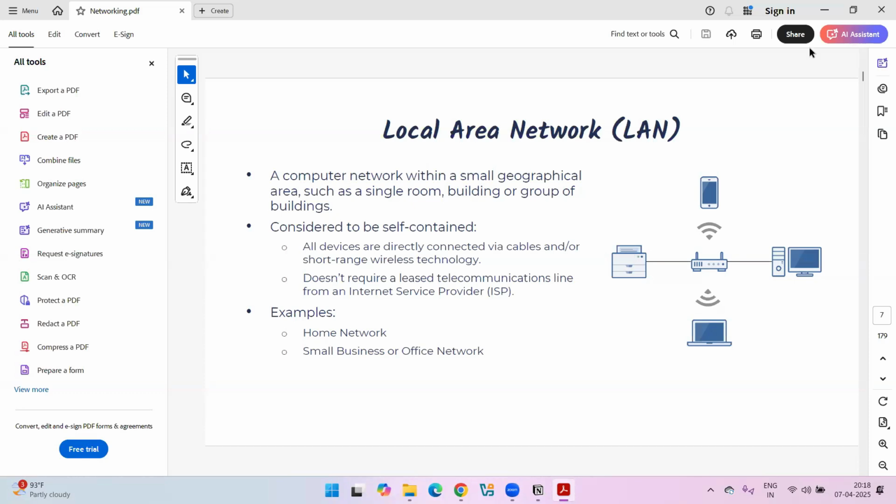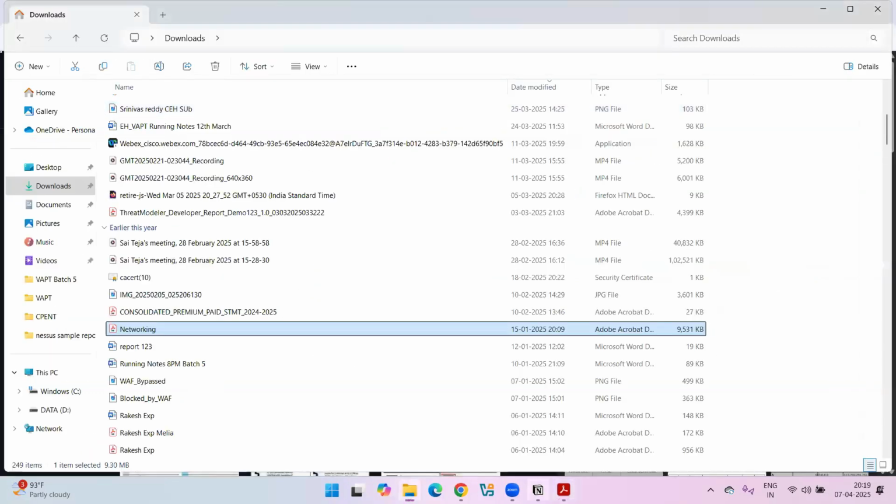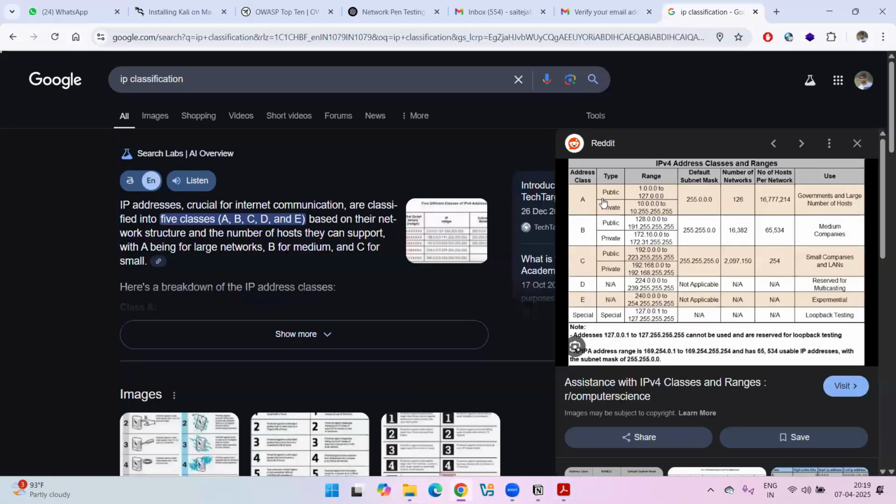So that is one major point I wanted to highlight. And the second thing is the categorization, the classes. We have 5 classes of IP address. You don't need to focus on class D and class E. The reason is very simple. Class D is used for multicasting.